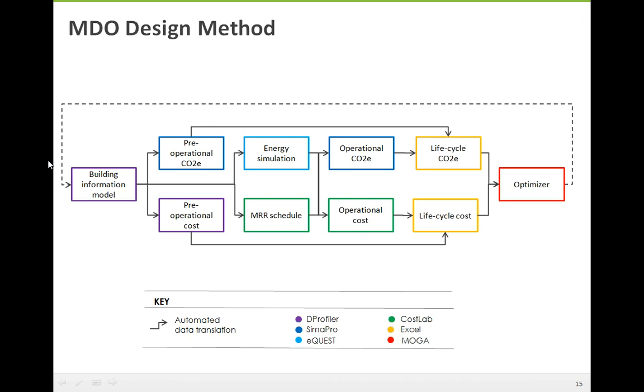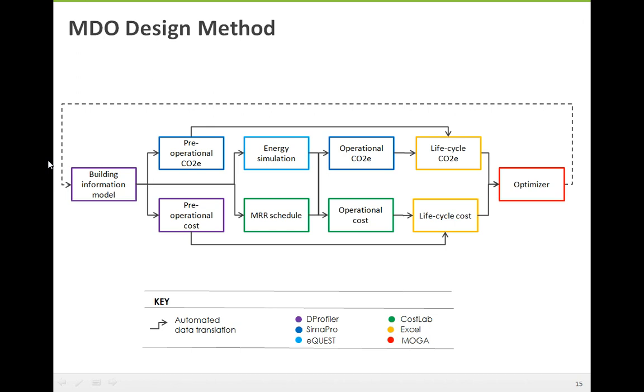Again, we use SEMAPro to look at the carbon implications of the energy consumption during the operational phase and the maintenance, repair, and replacement phase. And then finally, the two yellow components in Excel are basically just spreadsheets that aggregate all that information in order to compute life cycle carbon and cost.